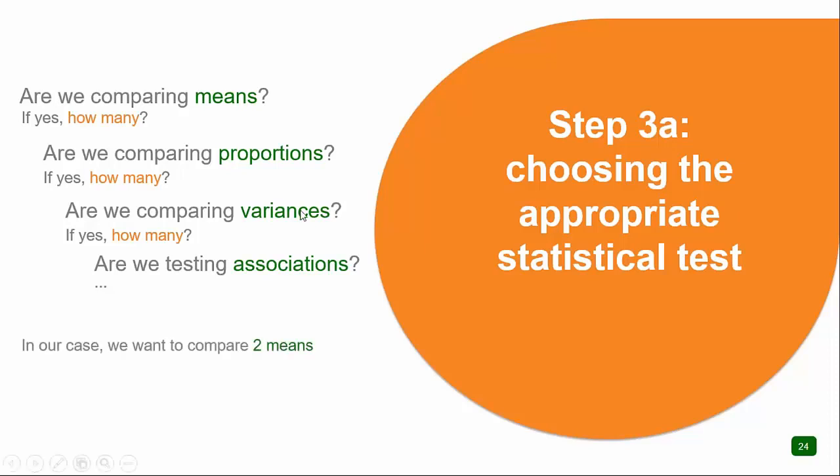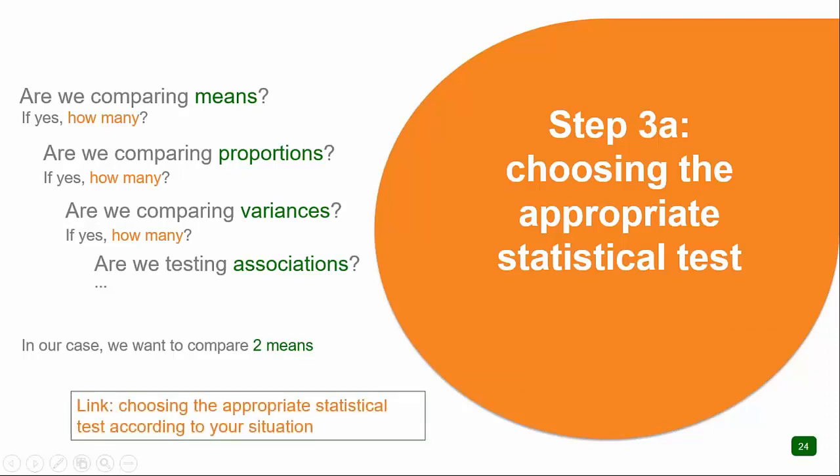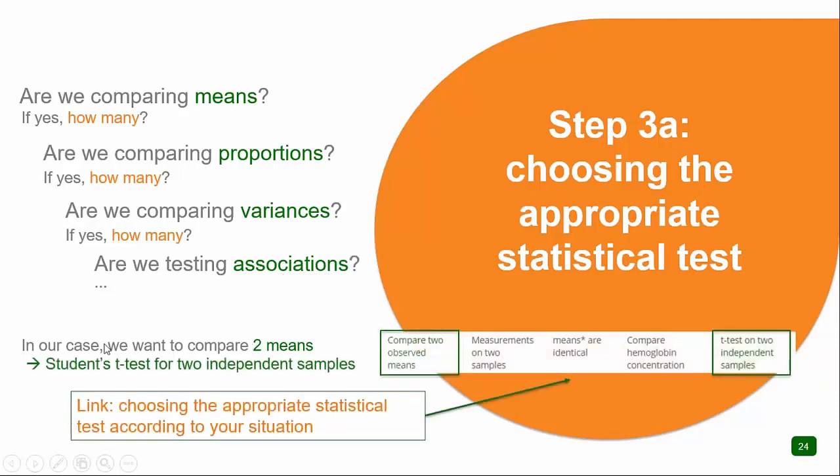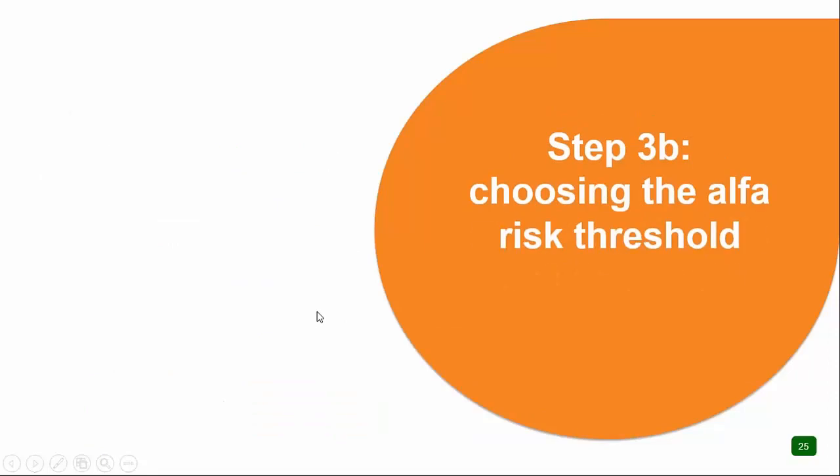So in our case, we are comparing two means. According to our statistical guide online, the Student's t-test for two independent samples would be appropriate. Then, choosing the alpha risk threshold. What is the alpha risk?